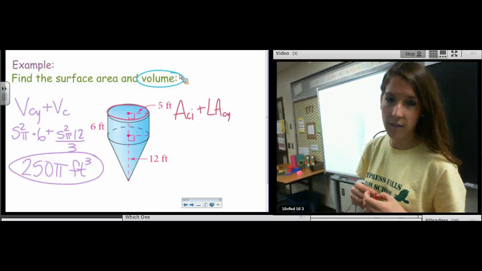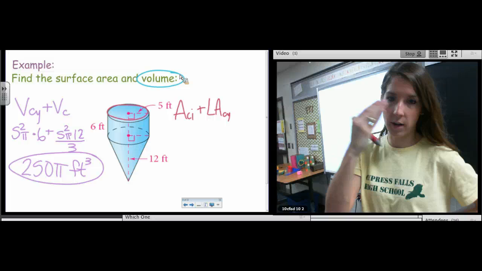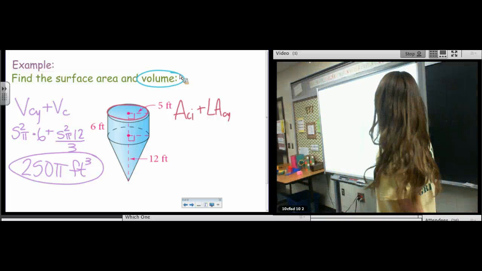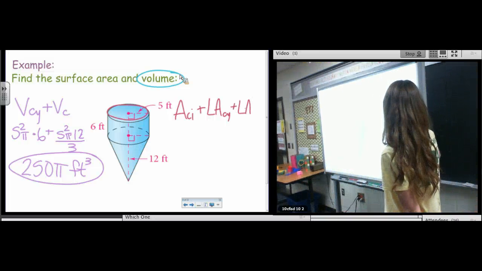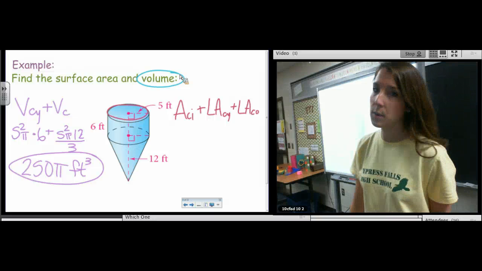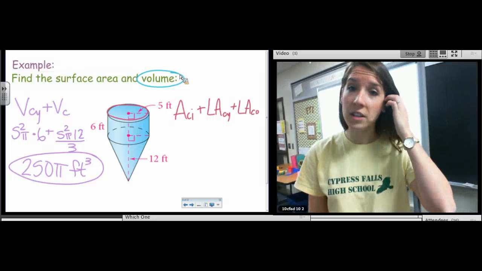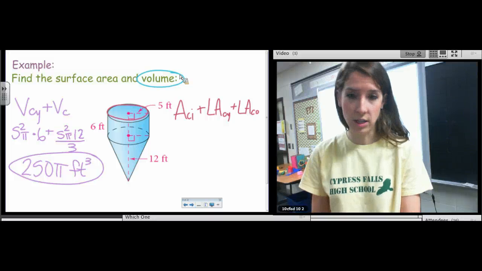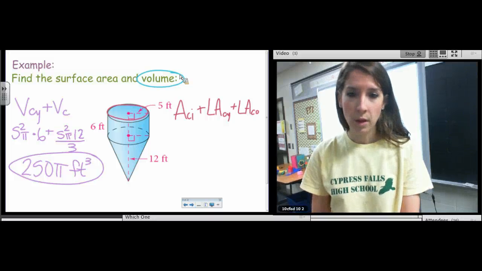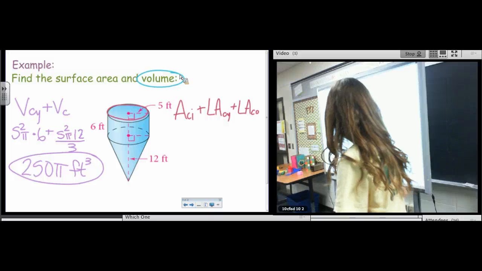So I'm going to find the LA of the cylinder just around this part. And then I'm going to find the LA of the cone, because we don't want the bottom of the cone. It's not on the surface. You couldn't touch it. So that's how we're going to approach this.